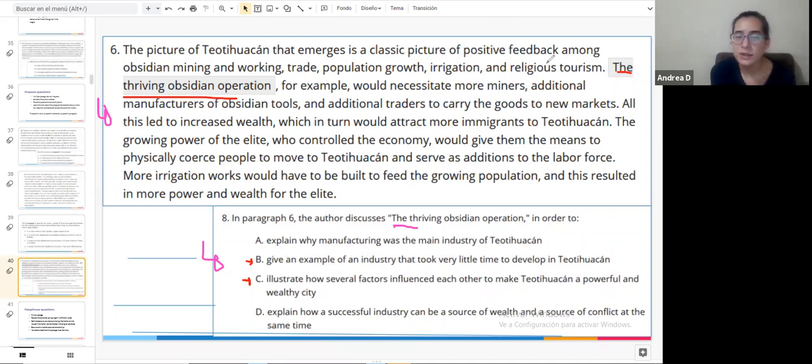So can you guys tell me what the paragraph is about in this case? So what's this paragraph about?